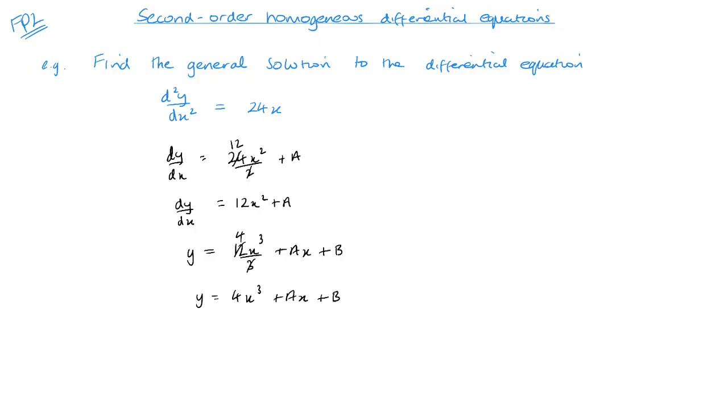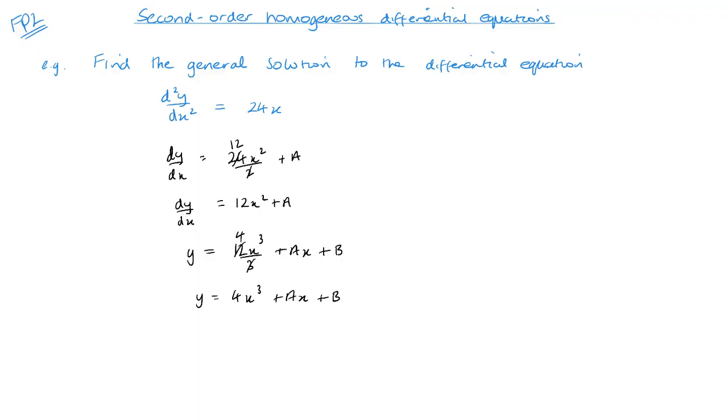Now, obviously, if we wanted to find a particular solution, we would then need two sets of boundary conditions because we have two different unknown constants here. So they'd have to give us two pieces of information for us to find a particular solution to this equation. So that's just a very quick example on a second order differential equation.